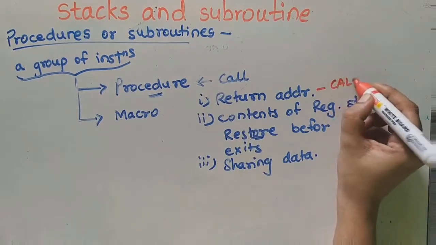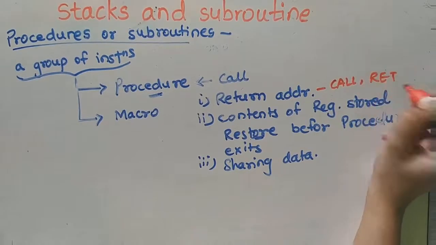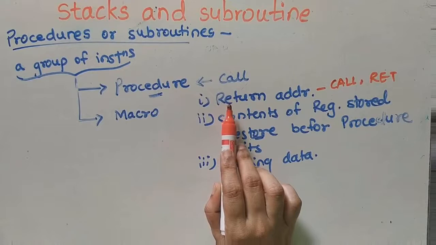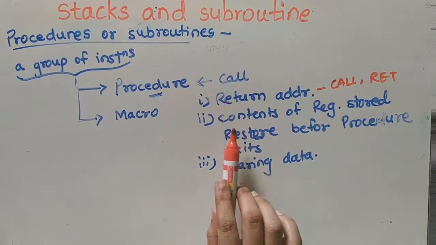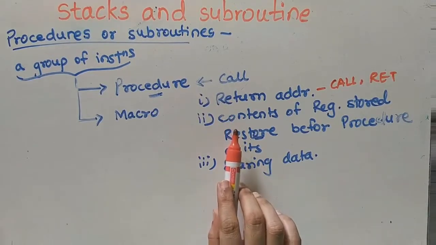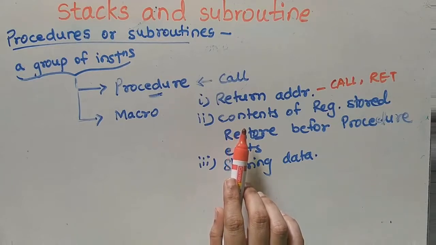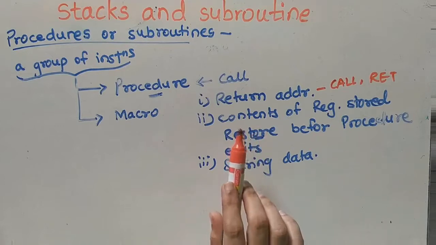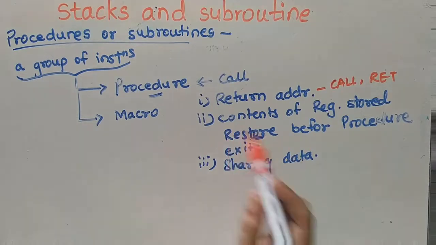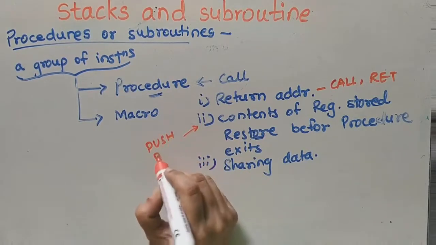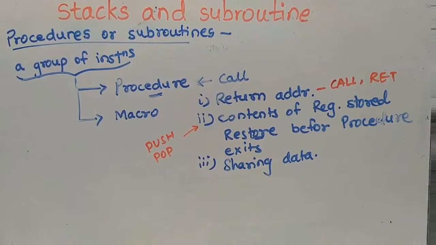This second requirement is met by saving the registers and flags by push instruction and retrieving the same content by the pop instruction. Means this can be done with the help of push and pop instructions.